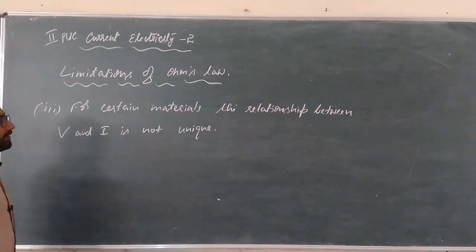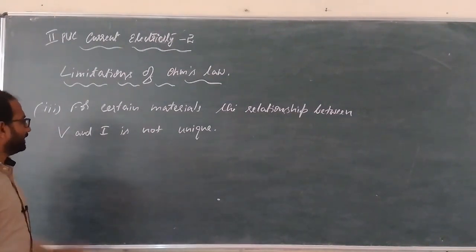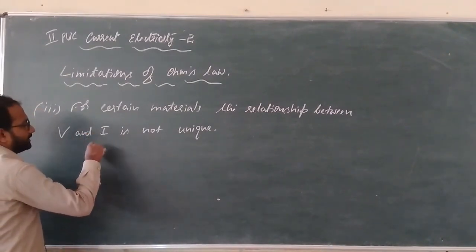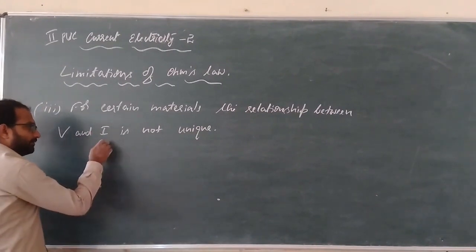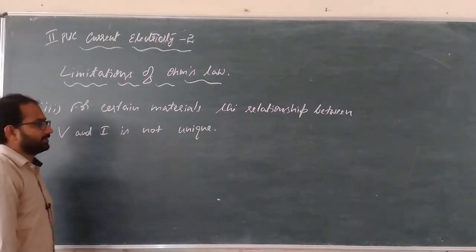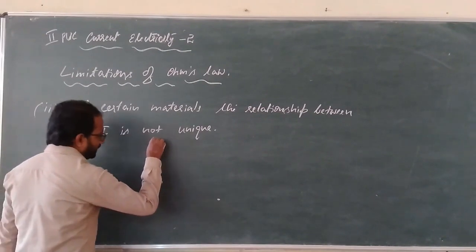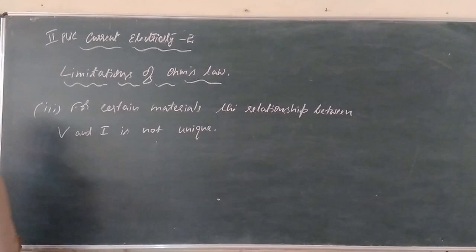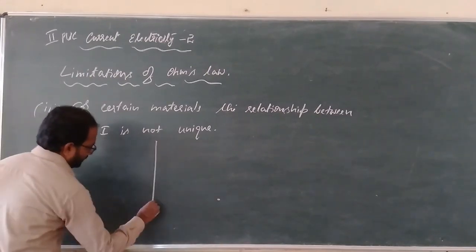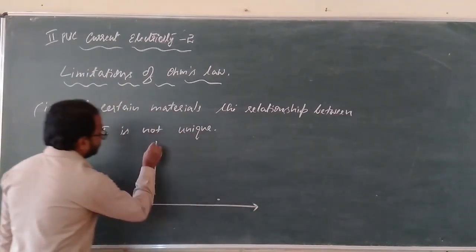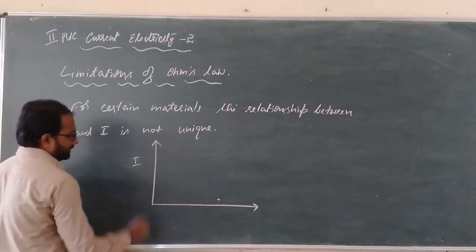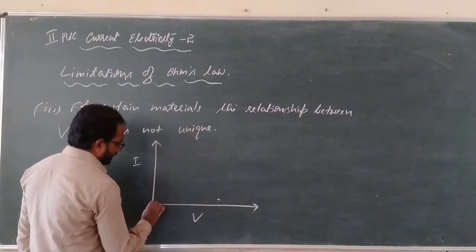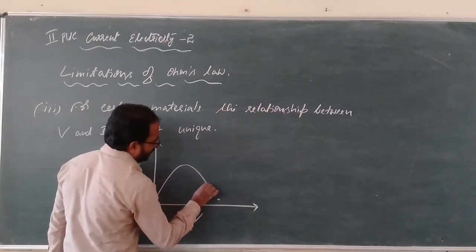That means for a given value of voltage, you cannot say this is the value of current, or for a given value of current, you cannot say this is the value of voltage. For example, in the case of gallium arsenide, which is a semiconductor, if I study its VI characteristic curve, this is the current, this is the voltage, and you get its VI characteristic curve somewhat like this.